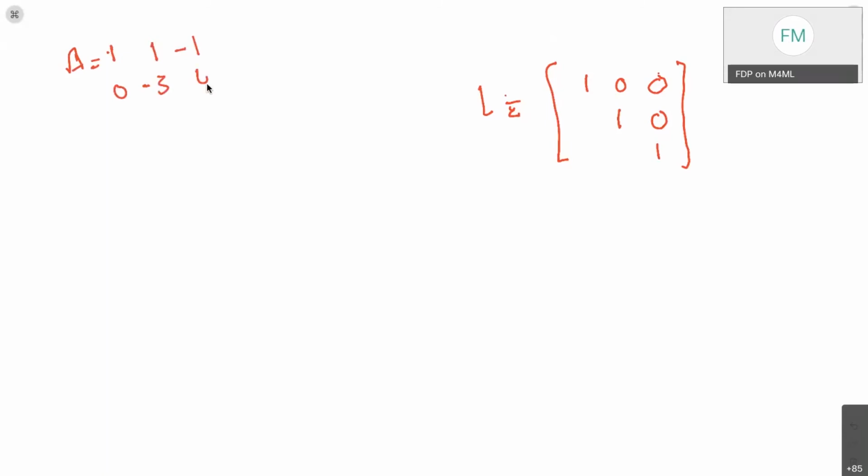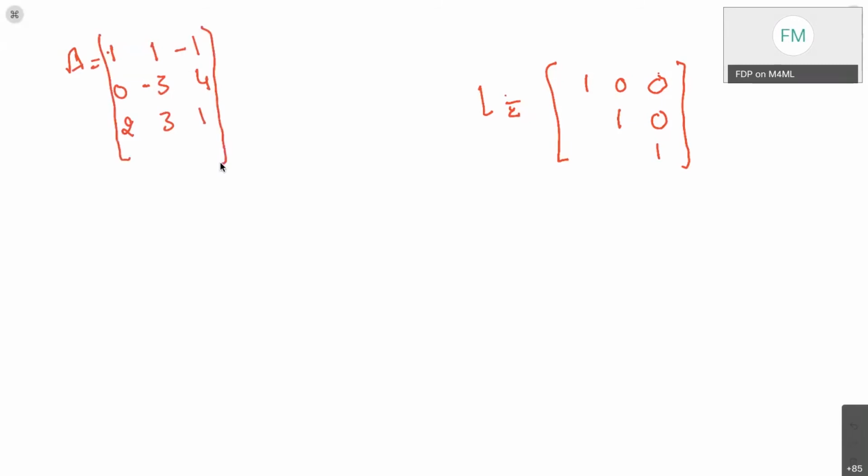Now let me write down L like this: you have zeros in the upper part, and you have a diagonal, right? And you have a matrix A is equal to 1, 1, minus 1, 0, minus 3, 4, 3, 1, right?